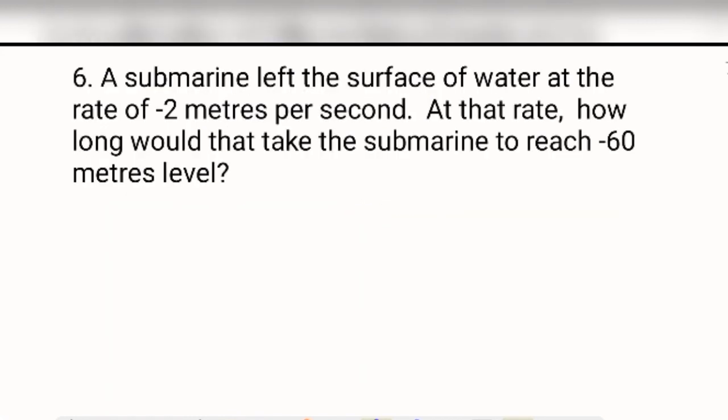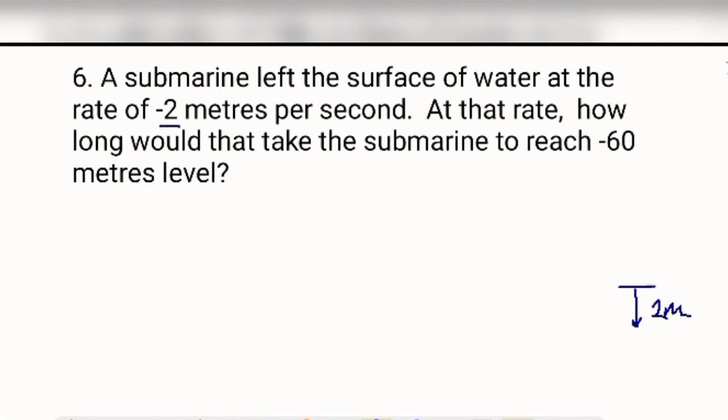Next question, question number 6 is, a submarine left the surface of water. Suppose this is the surface of water. Left the surface of water at the rate of -2 meter per second. That means per second, हर एक सेकेंड में वो कितना डीप जा रही है? 2 meters. Okay.